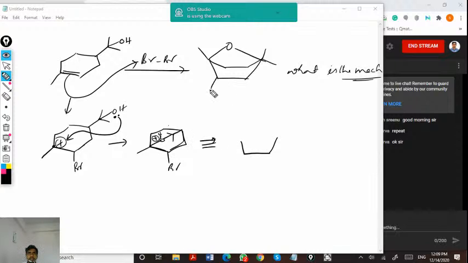Here I need to write bromine. These are the two carbons which are upside, so I am writing like this. One methyl is here and two methyls are here, and OH is added here.